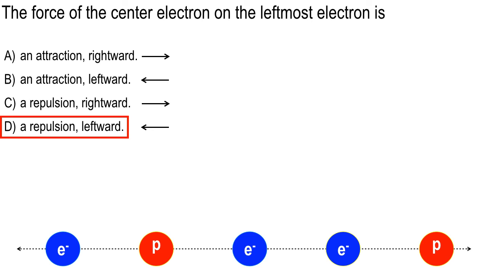If you voted for repulsion rightward, this middle electron, the center electron, and the leftmost repel. Now this is my target particle. It's going to have a repulsion away from the other particle, to the left. And that's why D is the correct answer on this. All right, let's go to the next question.